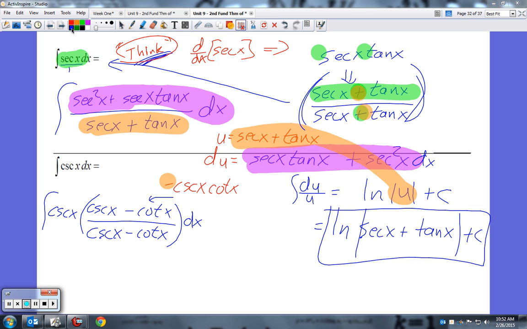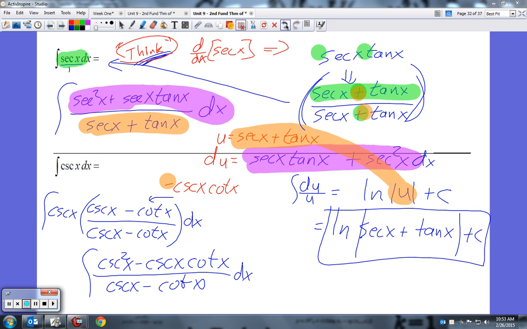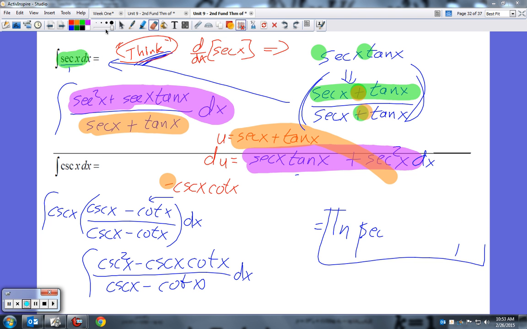And then the top becomes, when we distribute it, cosecant squared minus cosecant cotangent, all over cosecant x minus cotangent x. I'm going to erase this over here because I need room.